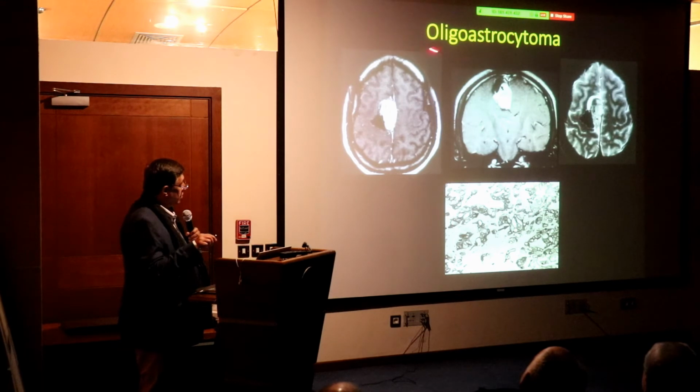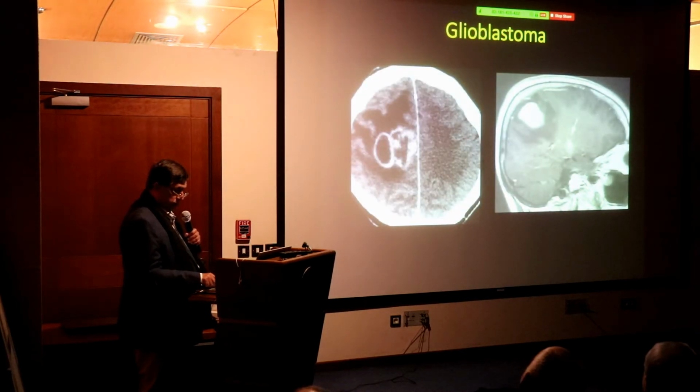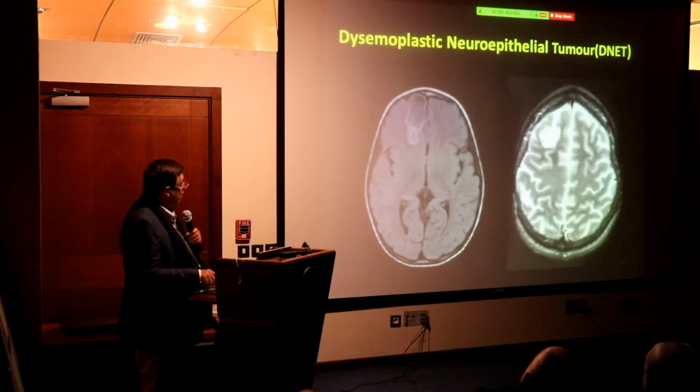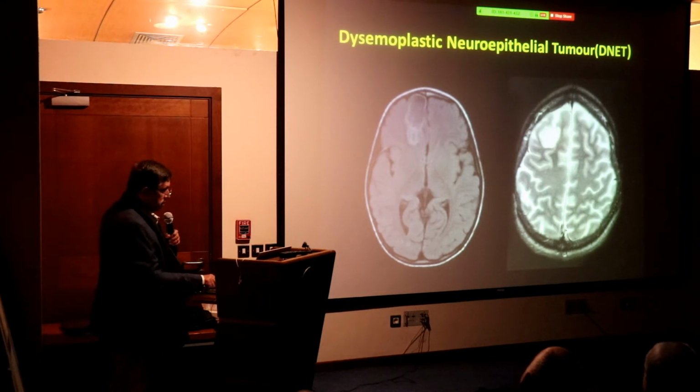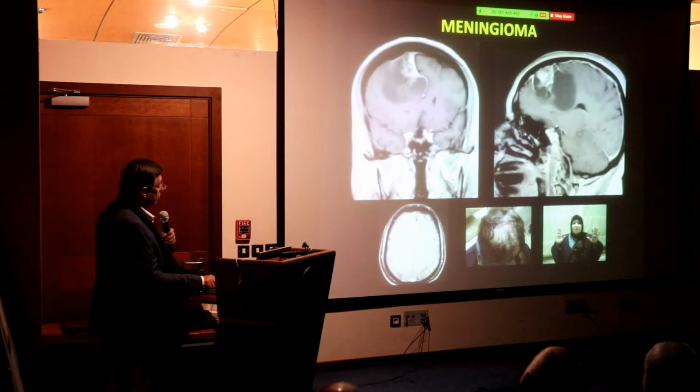Oligoastrocytoma, although this terminology has finished a long time ago, this case was diagnosed as oligoastrocytoma at that time. Glioblastoma. Ganglioglioma, this is exactly like our lesion. DNET, dysembryoplastic neuroepithelial tumor. Primitive neuroectodermal tumor, PNET.